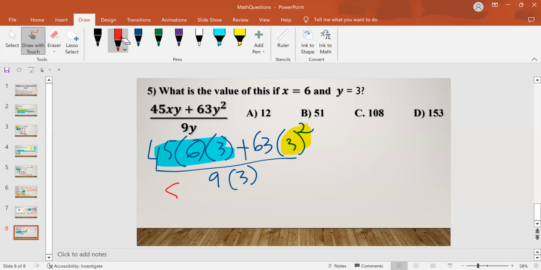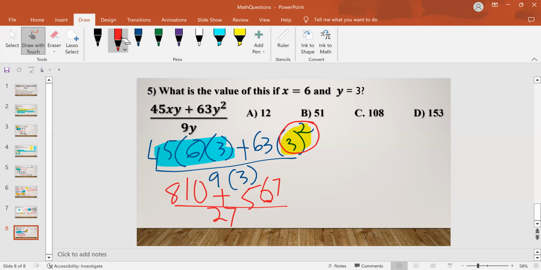We're going to have 810 plus. Now, you have to understand the thing I have here in yellow will be 9. So 63 multiplied by 9 is 567. And everything divided by 27.